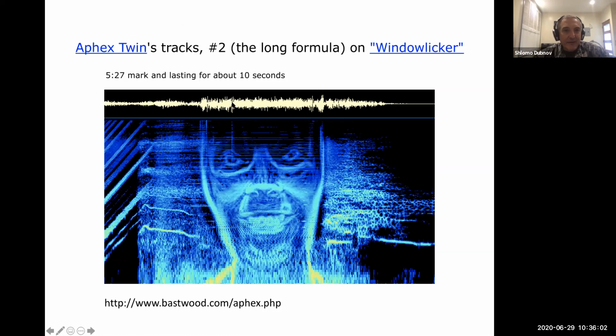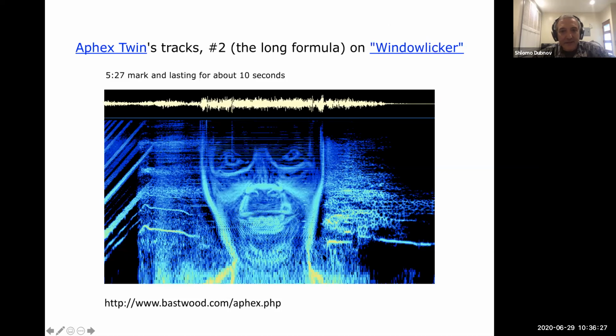So if you check out the FX Twins window licker, this is noise. I mean, they actually shape the noise in some way. There are lots of stories of why they did this and why they hide these images in, but even from the shape of it, this is not a musical example.